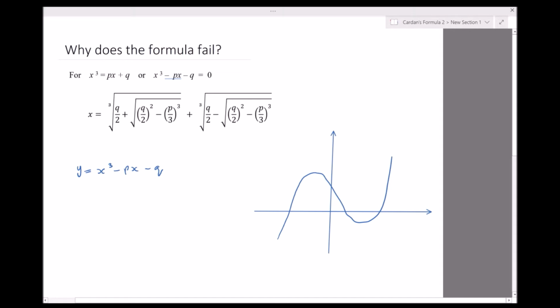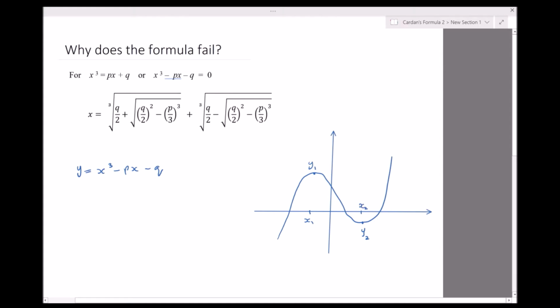Here, if we want to see what goes on when we have 3 real roots, we look at the graph of y equals x cubed minus px minus q. If we're going to have 3 real roots, then the maximum must be a positive number, the minimum must be a negative number, and then the x-axis must cut the curve twice.